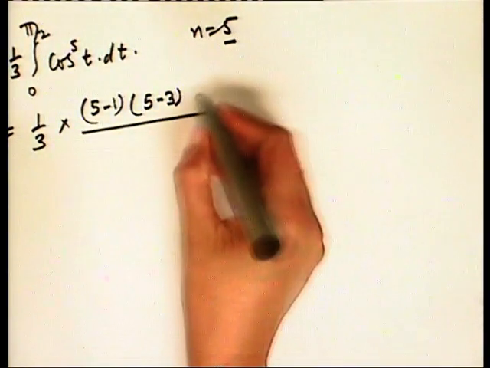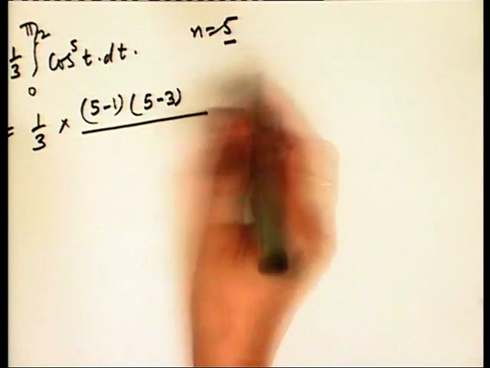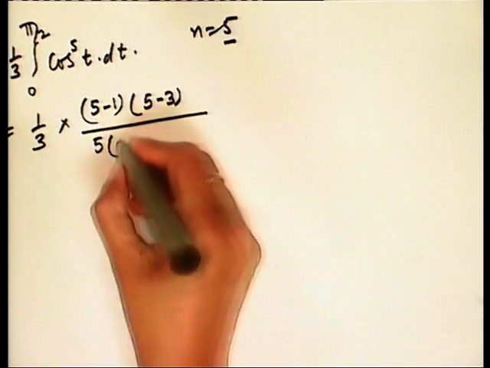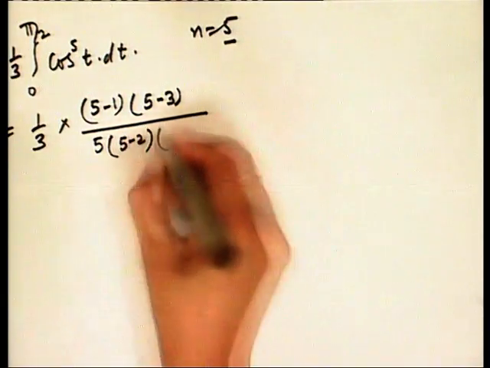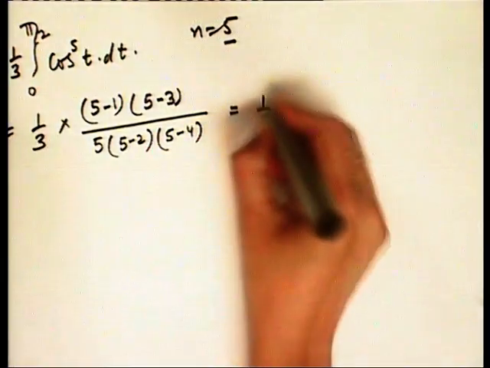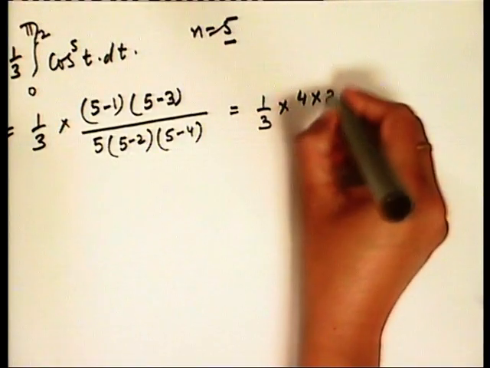We cannot take 5 minus 5 because it becomes 0. In the denominator 5 minus 2, 5 minus 4, and it will become 4, 2.